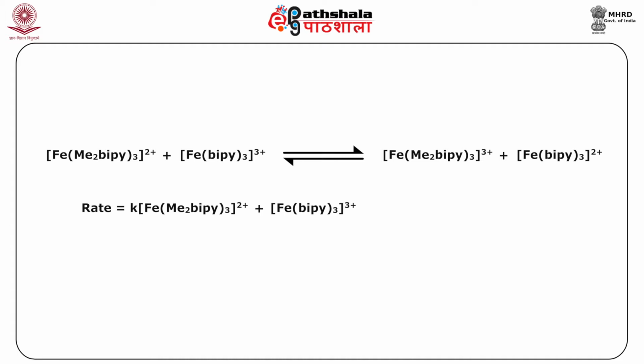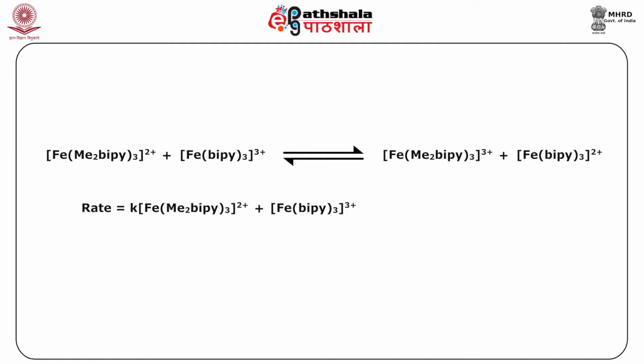Upon electron transfer via the outer sphere mechanism, the ligands attached to the metal center, their coordination number and everything remain the same. What is changed is that the species that was +2 has gone to +3 and the one that was +3 has gone to +2.